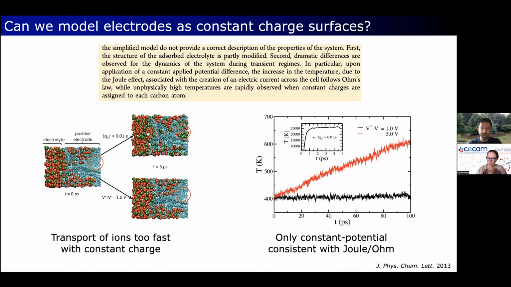If the charge is fixed, then you are somehow templating the wall for particular configurations of the ions, and the configurations might be different, especially so in the nanoporous carbon. Okay, thank you.